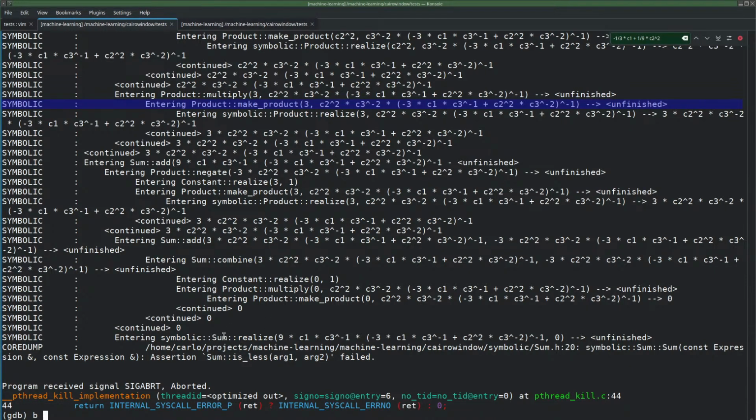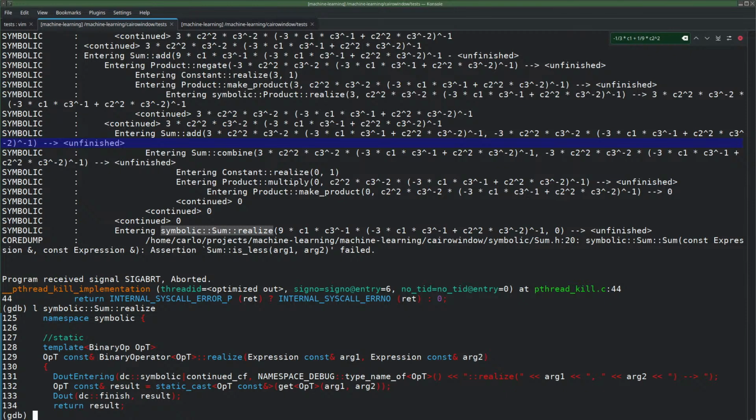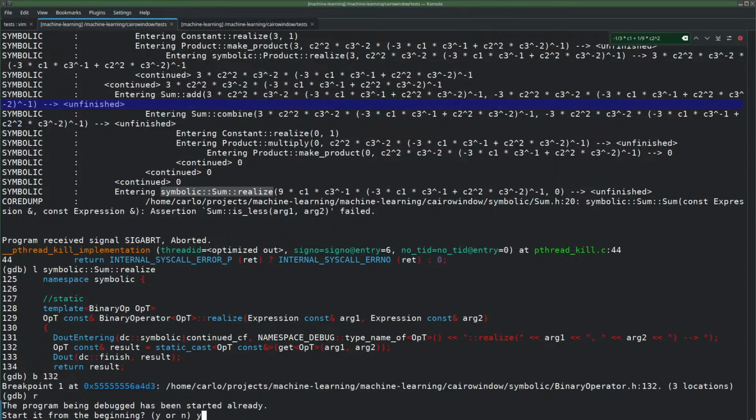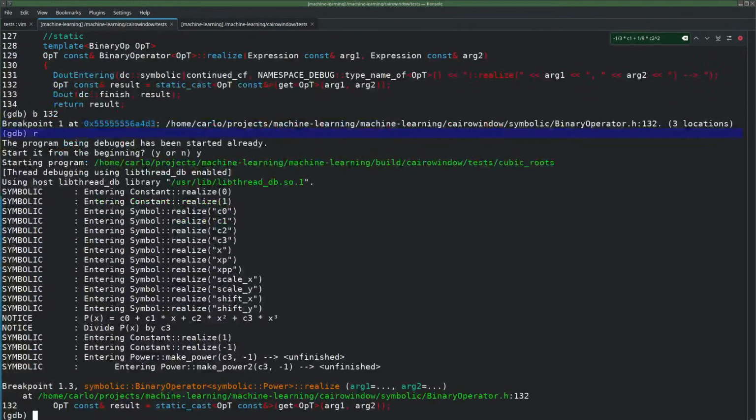I need to know when we get here with a 0 as that argument, which I probably can't recognize till it is printed. So do break 132 and then run it until you see it printed.